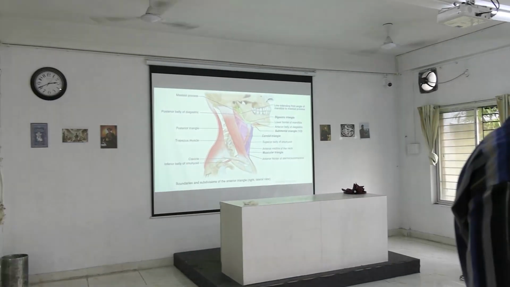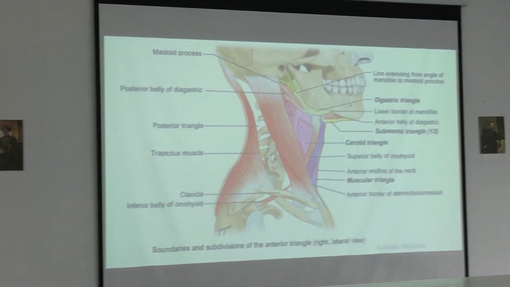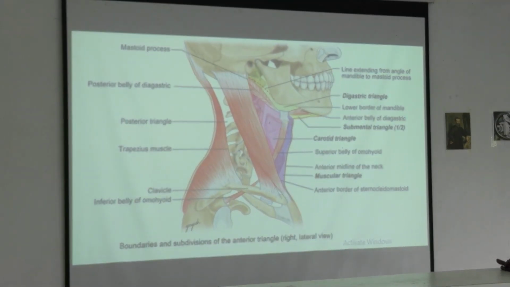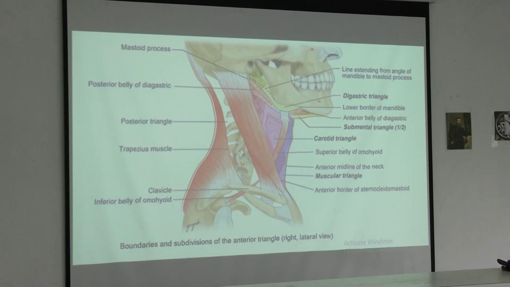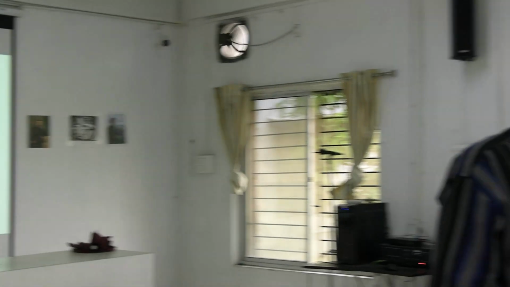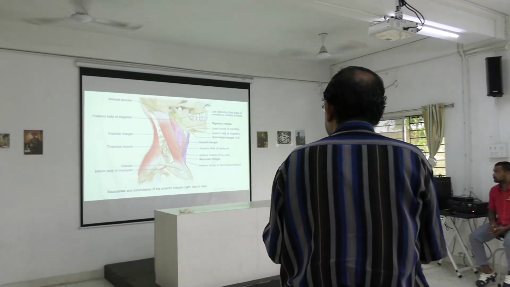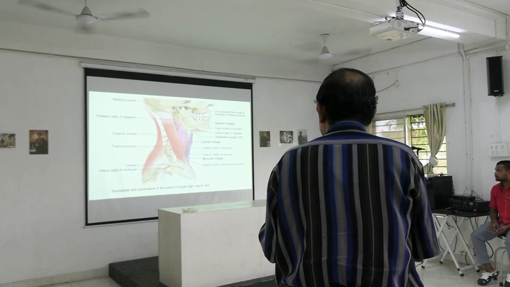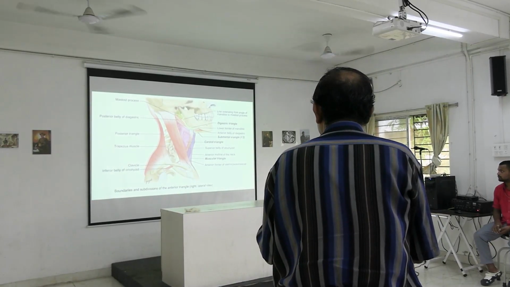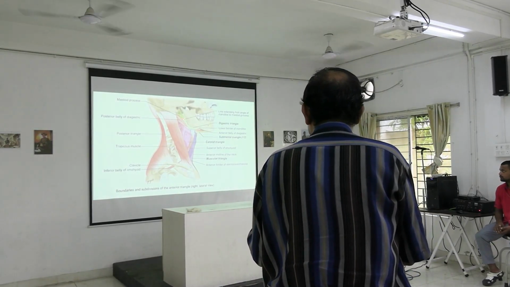Within the digastric triangle, we can get so many structures. Within the small space, we can get so many structures. In front we can get the facial artery. Posteriorly, we can get the posterior auricular and other arteries.